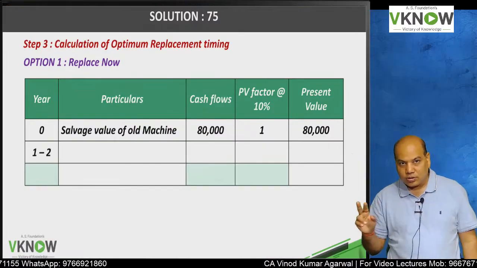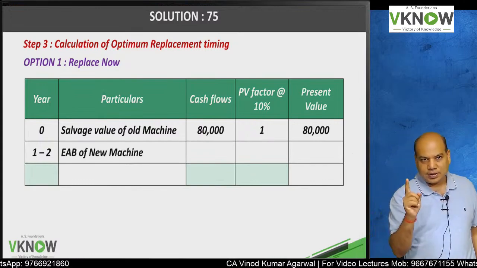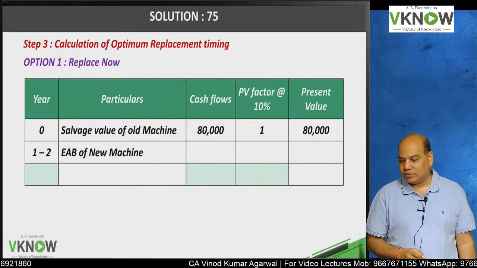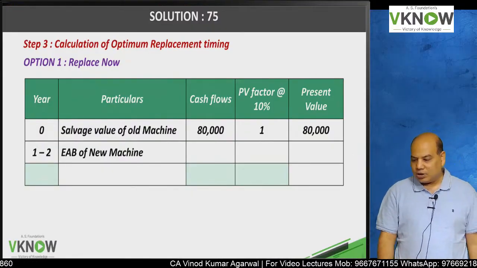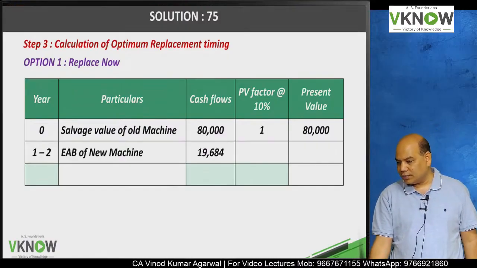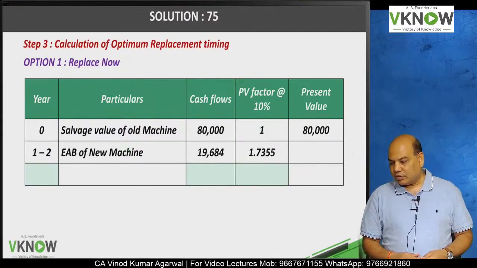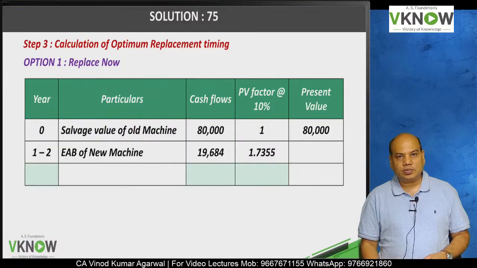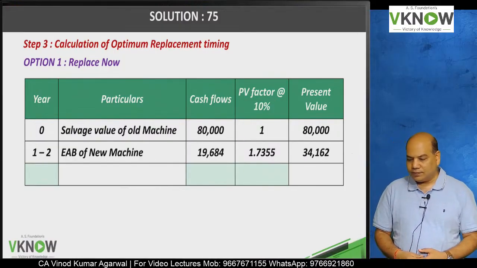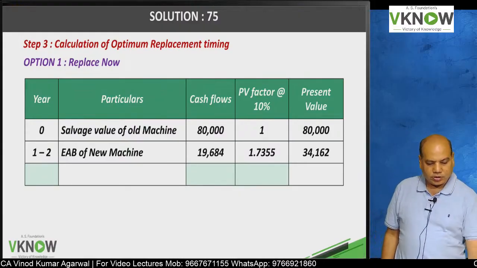For the next 2 years, you are going to use the new asset and you will get the equivalent annualized benefit of the new machine, 19684, that is also positive. Both are inflows. Present value factor 1.7355, last column present value, check 34162. Is it right?